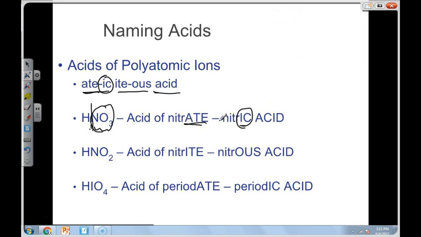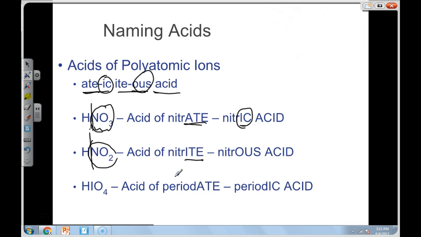So this is nitric acid. As opposed to this one, NO2, the nitrite ion, where we drop the ite and add ous, and then add acid. So this is nitrous acid.